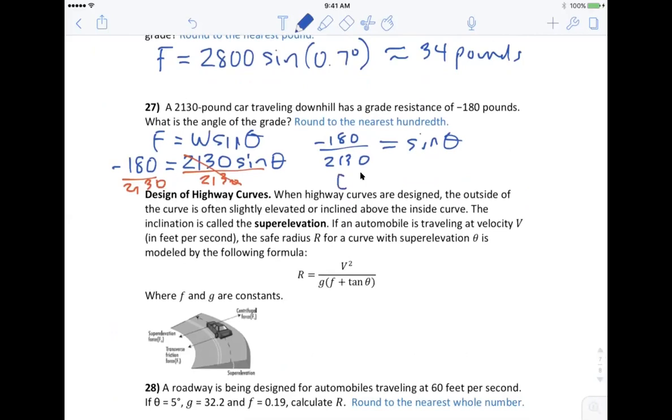So theta equals sine inverse of negative 180 divided by 2130. The reason I'm not calculating that first is that I think it's better to do all the calculations in the calculator at once to avoid any kind of rounding error. If you do the calculation, carry out a few decimal places so that you don't have your answer off by a tenth or something, which can be frustrating.